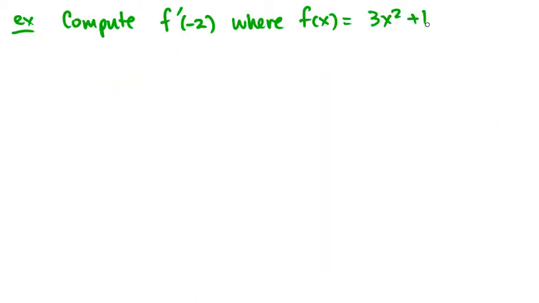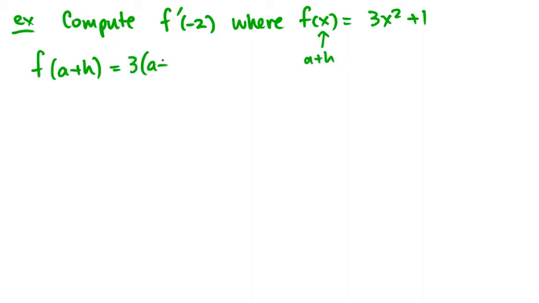Okay, here's another example. We're going to compute the derivative of f at negative 2, where the function is 3x squared plus 1. So again, notice that we can find f of a plus h. Instead of the x value, we substitute in a plus h into our equation.